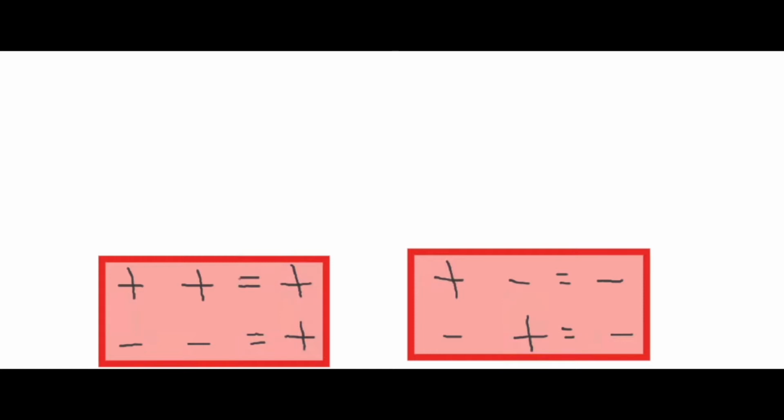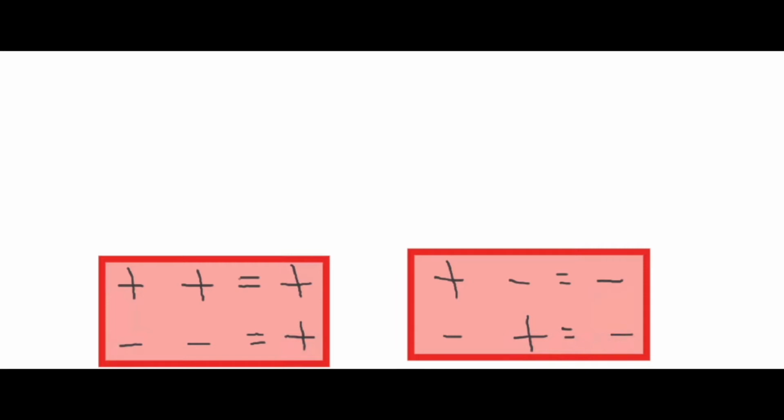So if you have the first integer with minus sign, the second integer with minus sign, your product should be plus. The same way, when you have different signs like plus or minus, your product should be minus. And if you have minus multiplied by plus, the product should be minus.